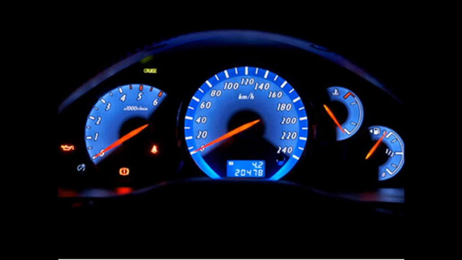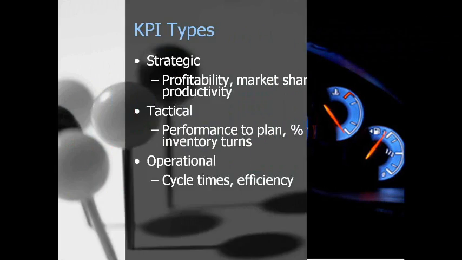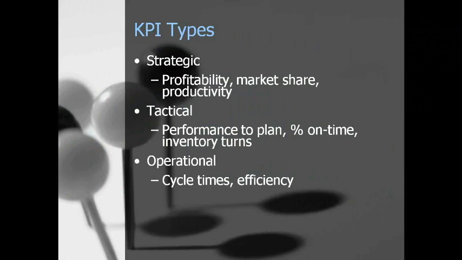These are key things you need to properly operate the vehicle. In business, we need something like that to make sure that our businesses are running the way we expect them to, and so that we can get to where we need to be going.